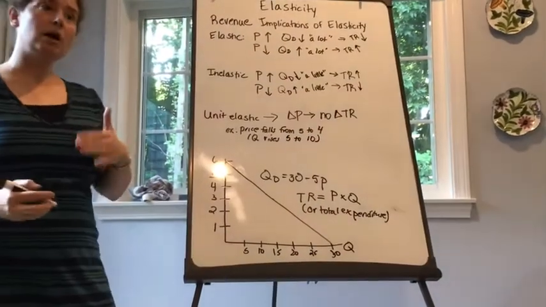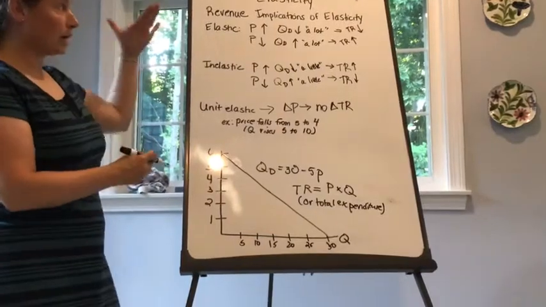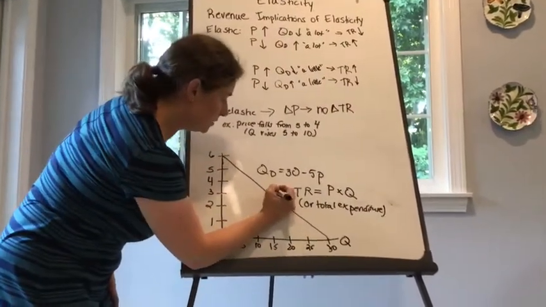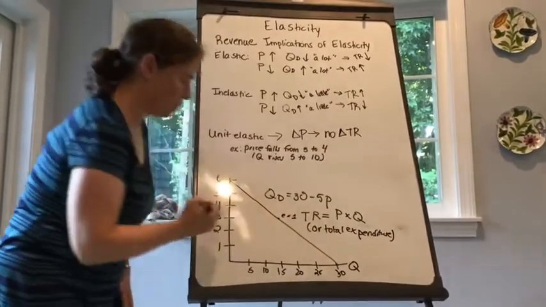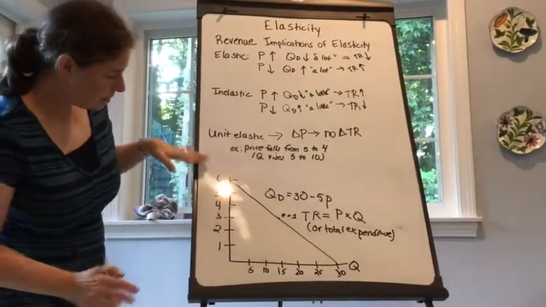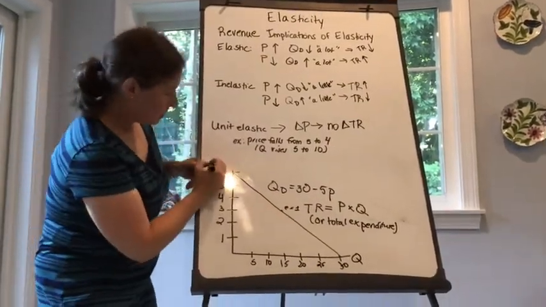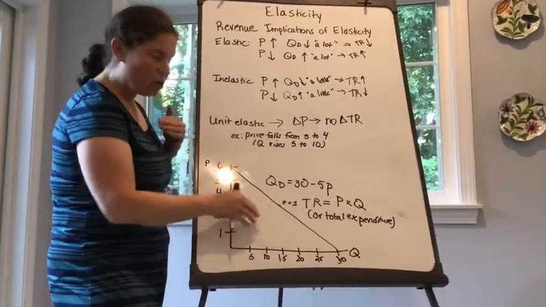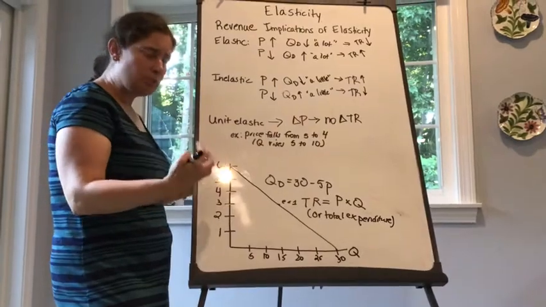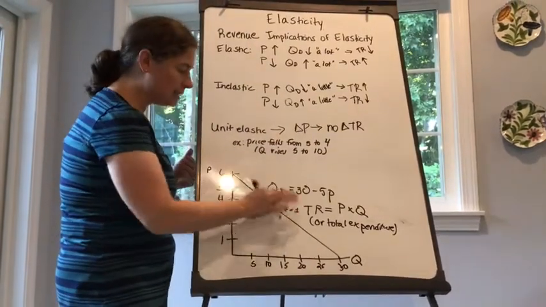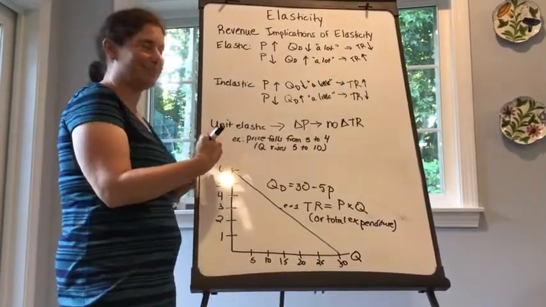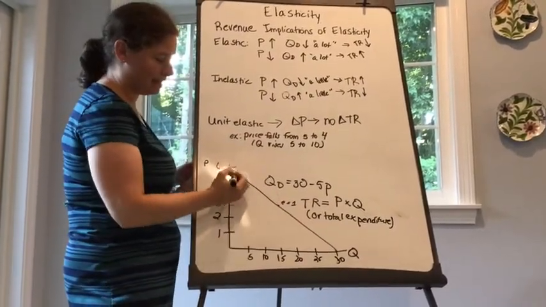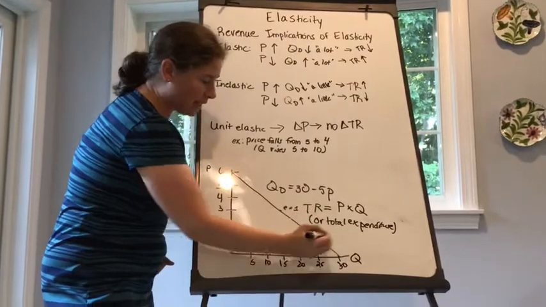Now you might recall from our previous look at calculating elasticity, right at the midpoint, the value of the elasticity coefficient was 1. Above the midpoint, remember, price changes are relatively small, quantity changes look relatively large in percentage terms, so the elasticity coefficient is greater than 1, or demand is relatively elastic here, and it's relatively inelastic here.